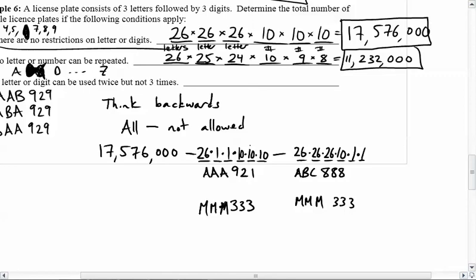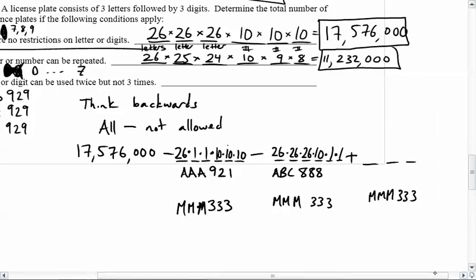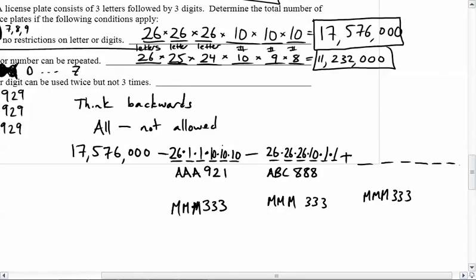So that means I subtracted MMM 333 2 times. So I should add back ones where you have 3 same numbers and 3 same letters, because I subtracted those out twice. So that would be 26, 1, 1, 10, 1, 1.